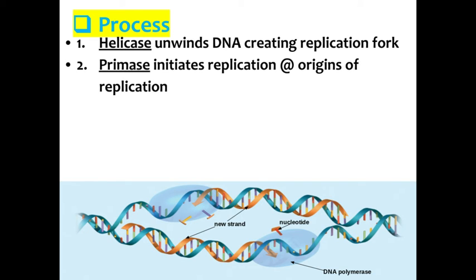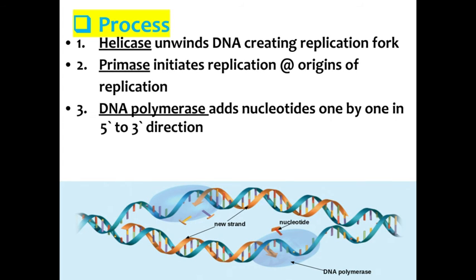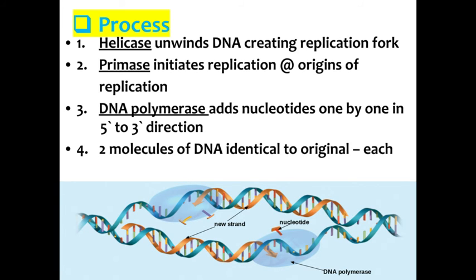So it's just going to tell all the enzymes involved, hey, this is where we're going to start this process. DNA polymerase is going to add loose nucleotides one by one in the 5' to 3' direction. So we're going to tack them on to the bottom of the sugar house, if you will. That's the direction in which they are added. I mean nucleotides. And then step 4, you get 2 molecules of DNA, each identical to the original. Each contains a new strand and an old strand.